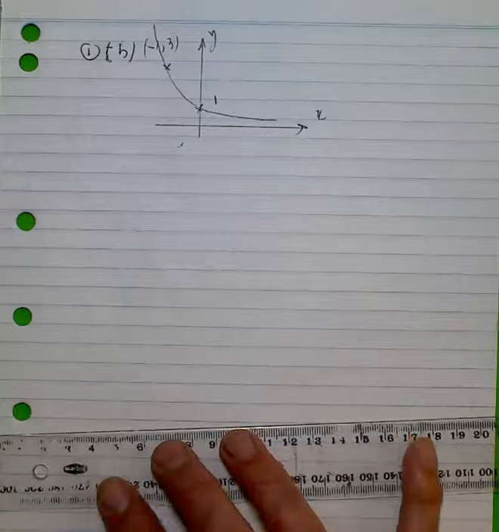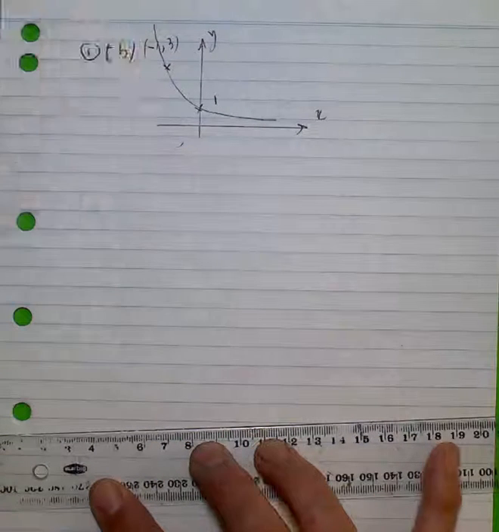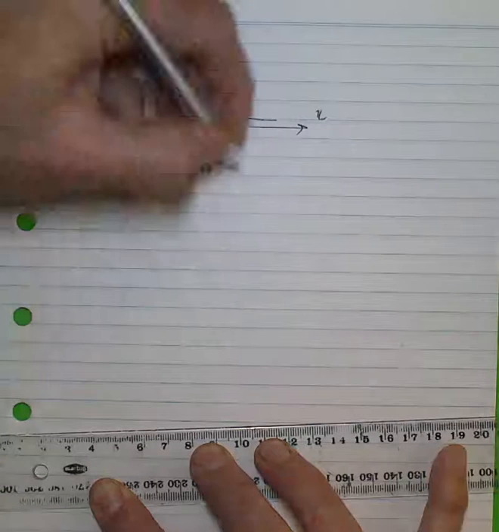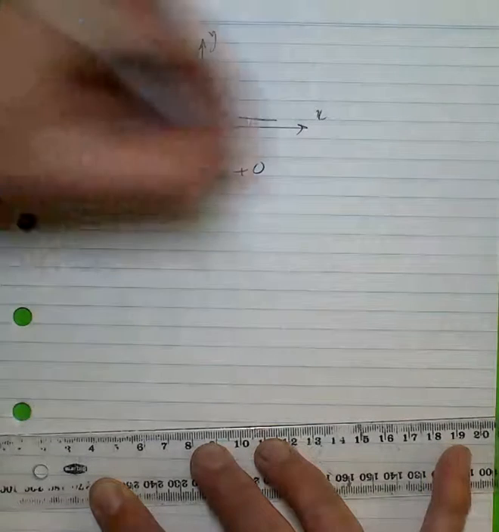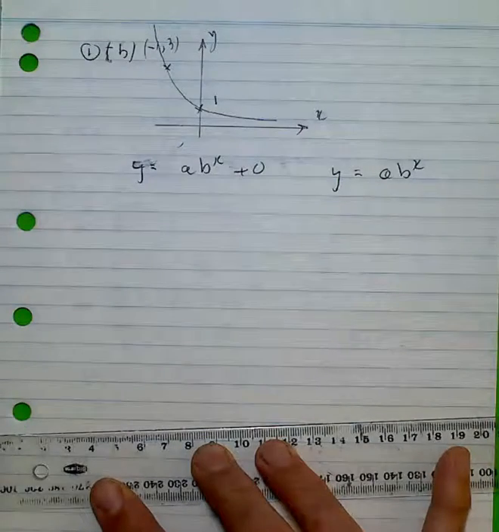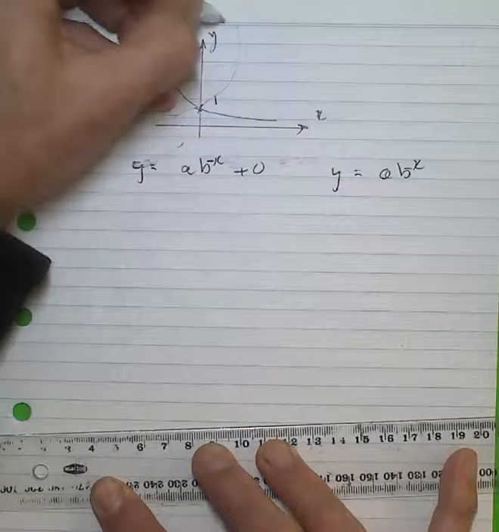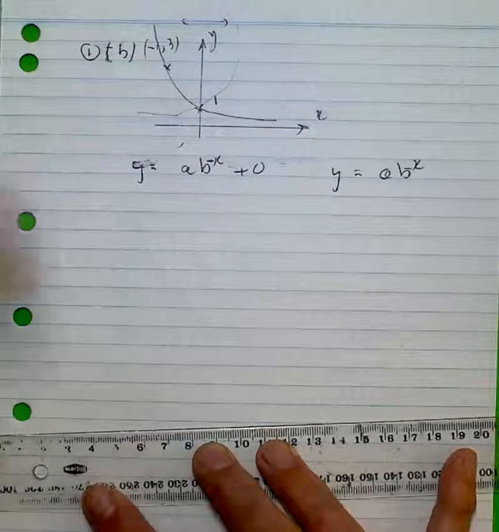Moving on to 1b, you've clearly got a graph of the form y is equal to a, b to the x, plus 0, or y is equal to a, b to the x. Now the first thing you should note is that's going to be negative because we've had a reflection in the y-axis, so negative x.